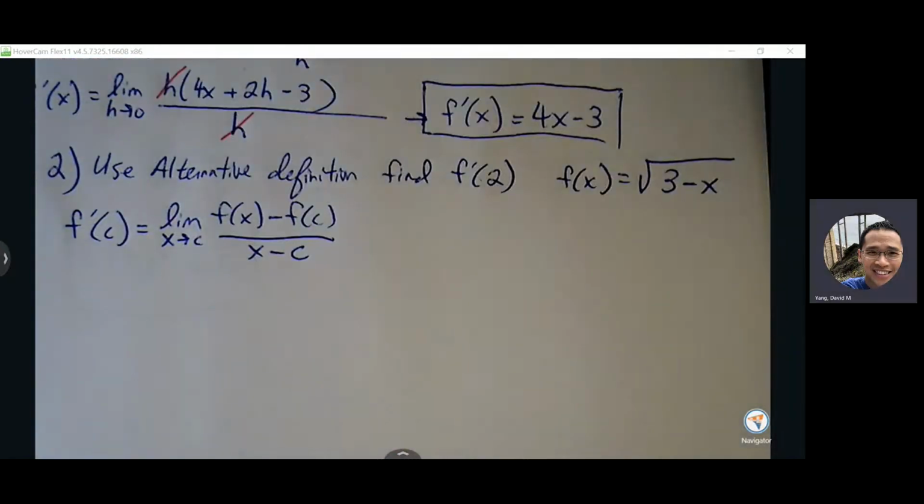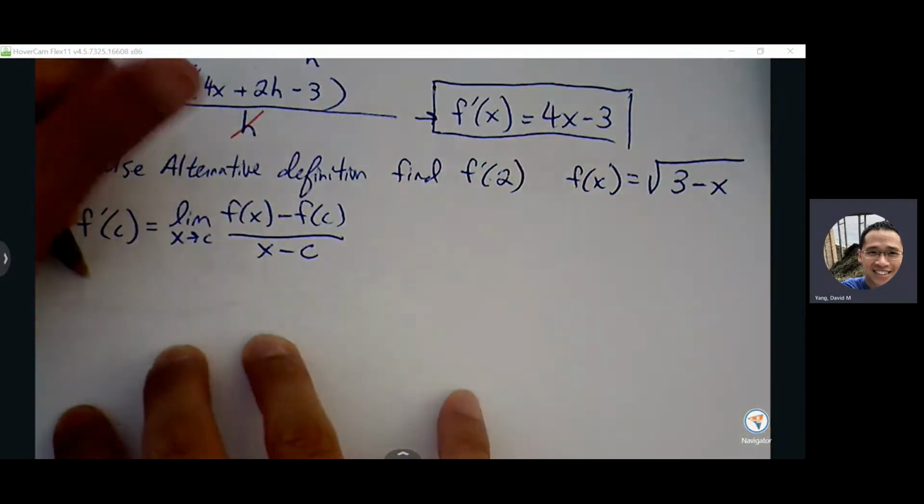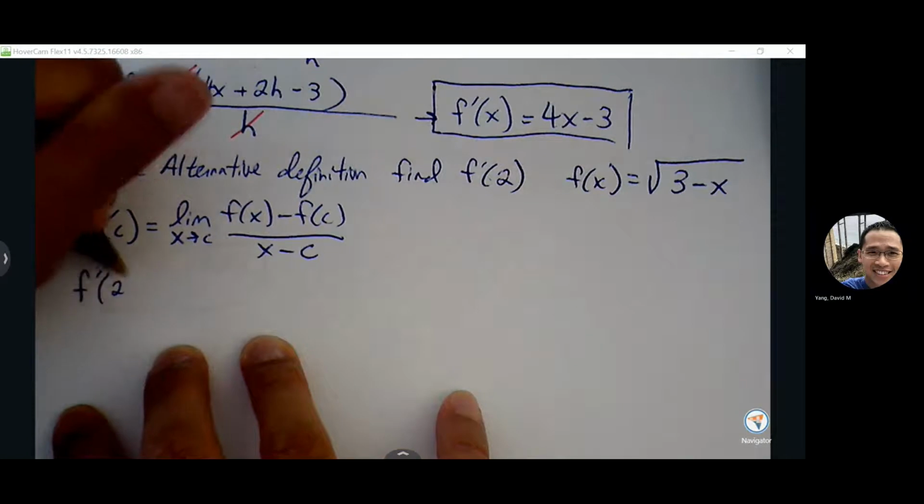Okay, what's the first thing that we can do? Okay. Plug in, yeah, plug in the c, replace all the c values, right? Let's get that piece out of the way. Makes it a little bit easier to figure out what to do next.